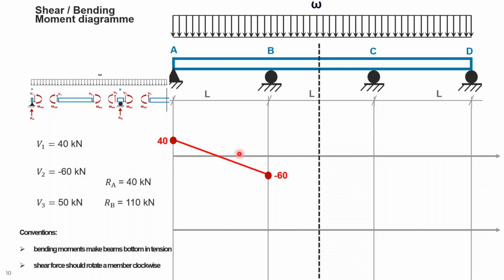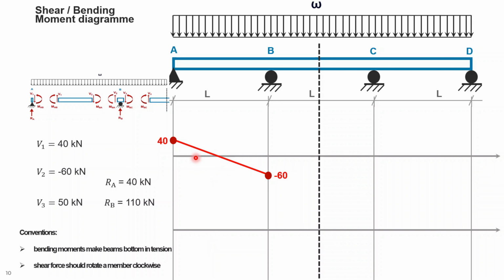And that's why we are always going through omega to V and through M, like having an integration. So if we have a constant here, if we integrate, we will come up to a linear function, and from a linear function, if we integrate, we will come up to a polynomial of degree 2.